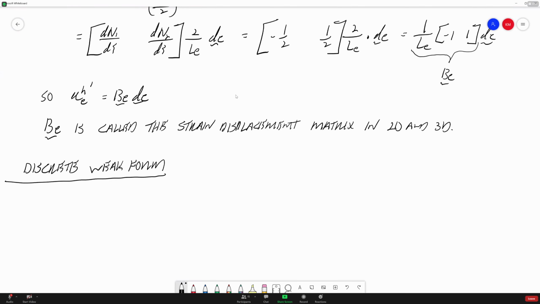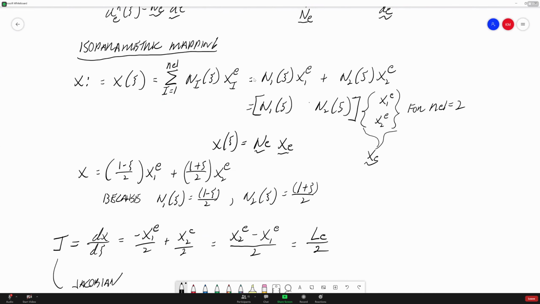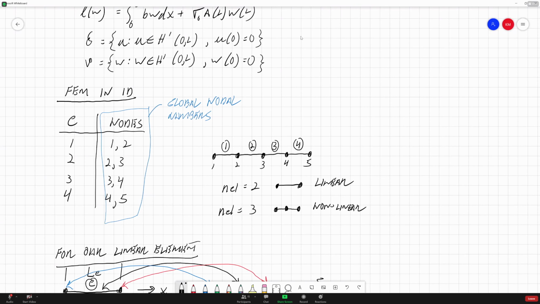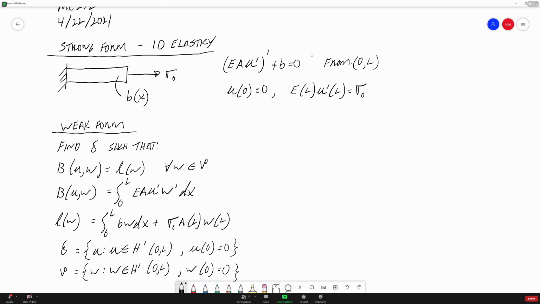And when I say discrete weak form, if we go up here to the top where we started tonight, we have the strong form, which is just this general equation relating a one-dimensional beam that we're putting in tension, right? It's just the elastic modulus times the area times our strain. So the derivative of that plus our body force has to equal 0.